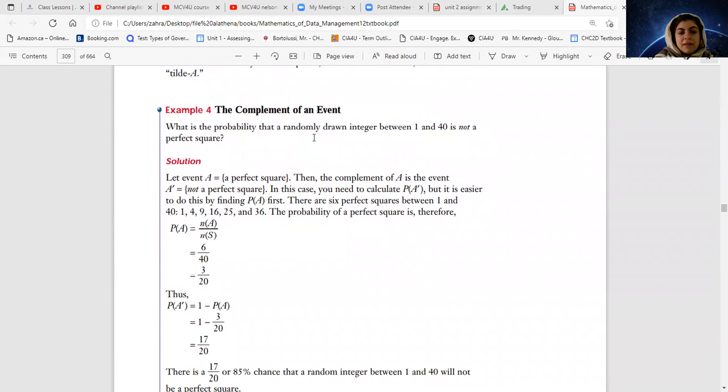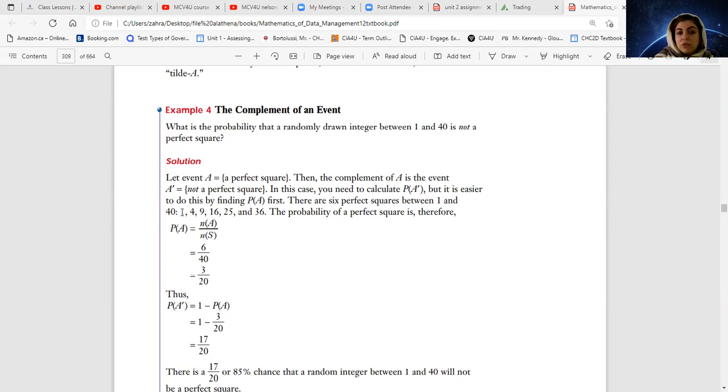What's the probability that a randomly drawn integer between 1 and 40 is not a perfect square? It's hard to just list them and find which numbers are not perfect squares. It's better to find the numbers that are perfect squares first, and then find the complement of that.